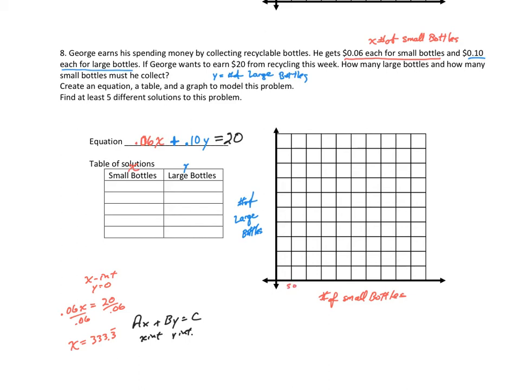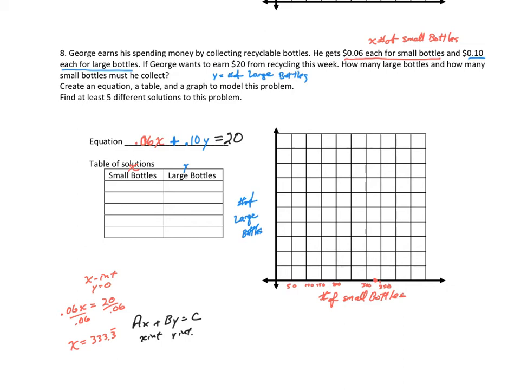So 50, 100, 150, 200, 250, 300. And so this is going to be 350 here. So even though I have to estimate it, I know it's going to be around here somewhere. I don't know exactly where because I would have to estimate where 333 1/3 is.